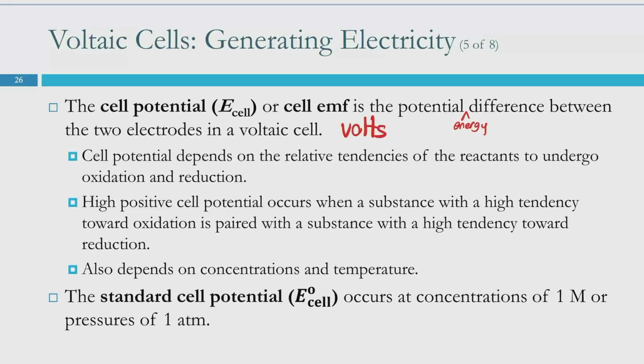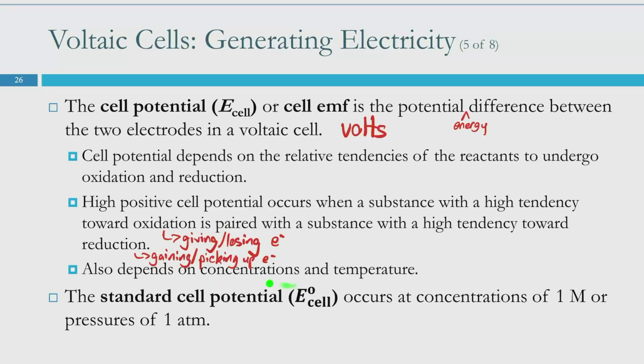And so our best case, our highest voltage or highest cell potential, is going to be when we've got something that really wants to give up electrons, a high tendency towards oxidation, losing electrons, paired with a substance with a high tendency towards reduction, gaining electrons, picking up electrons.